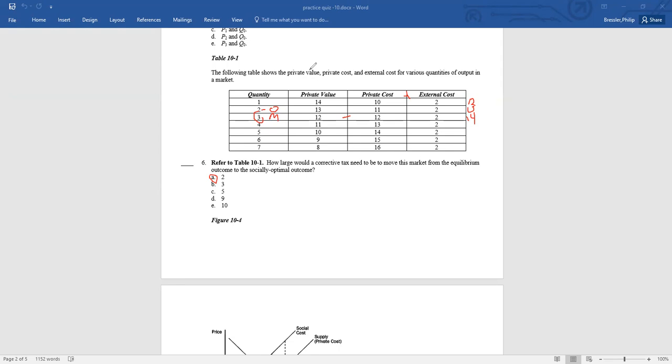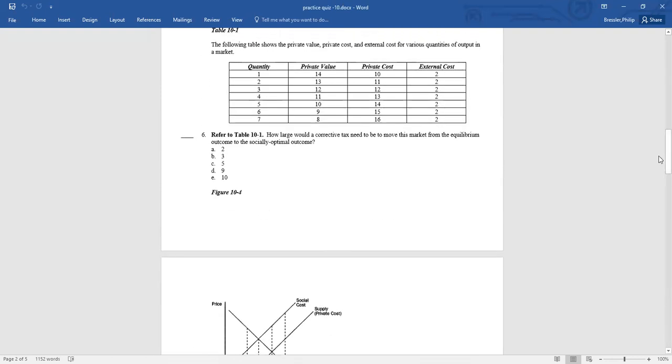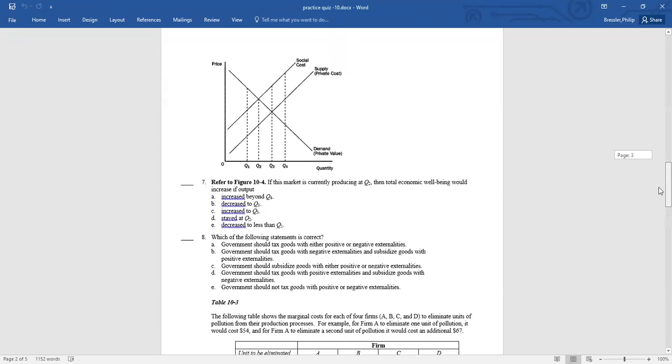Erase everything and we'll scroll on down. Scroll down. All right, here we go.